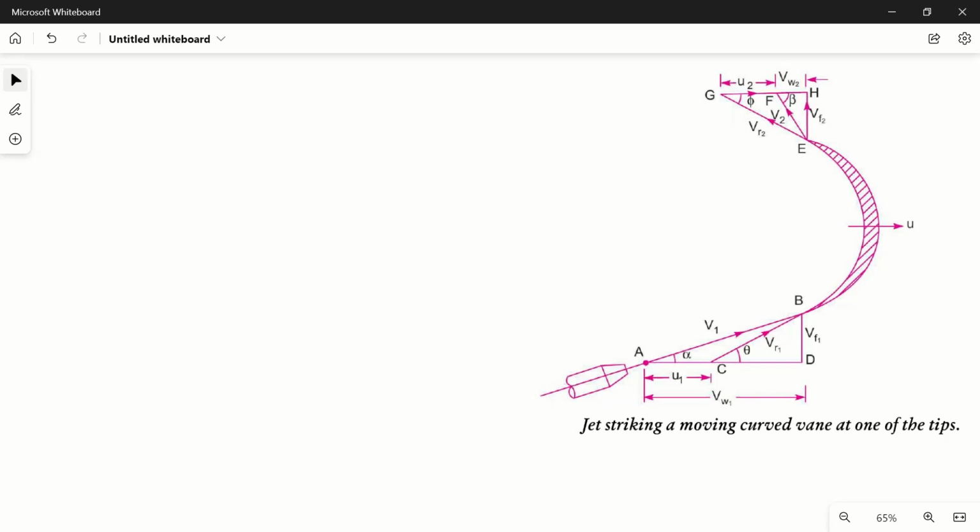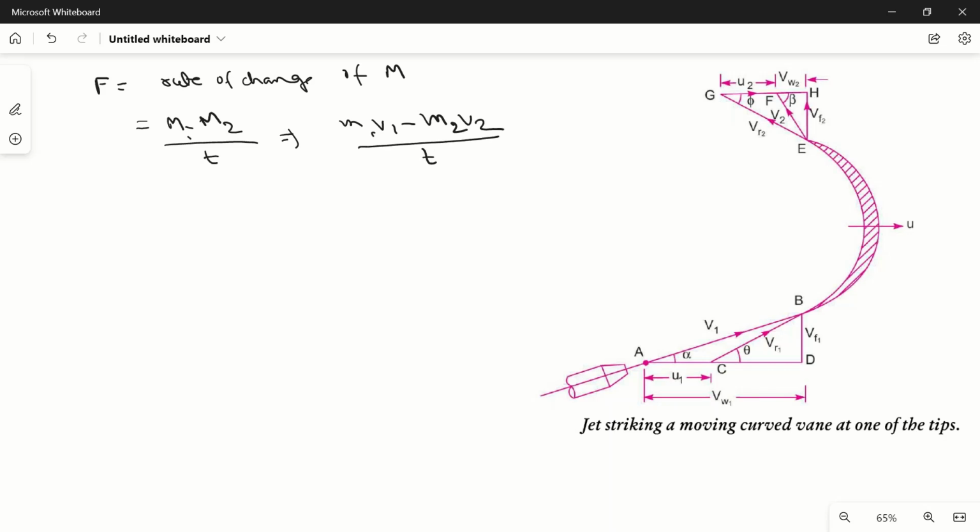Now if you see, the force is equal to the rate of change of momentum, which is equal to m1 minus m2 divided by time. Here momentum is mass into velocity, so m1 v1 minus m2 v2 divided by time.